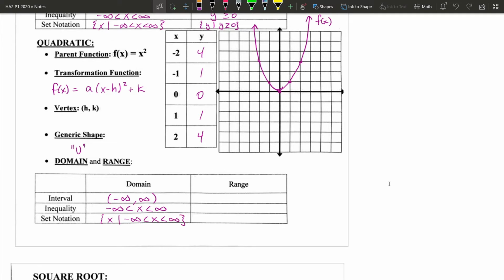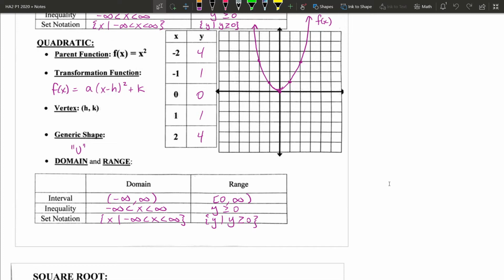And then our range, very similar to our last one. It's a hard stop at 0, and then it goes up to infinity. So we have y is greater than or equal to 0, and then {y such that y is greater than or equal to 0}.